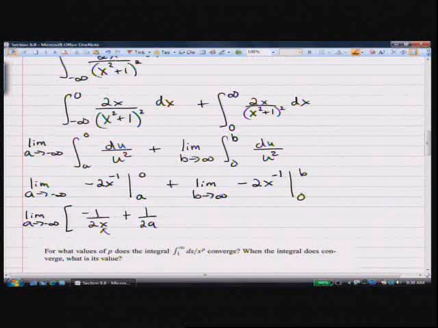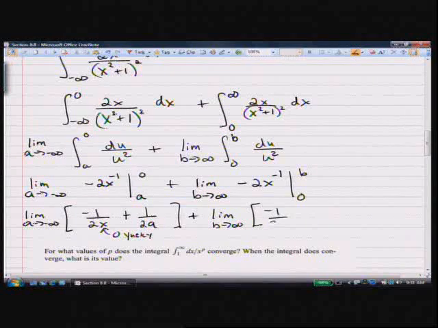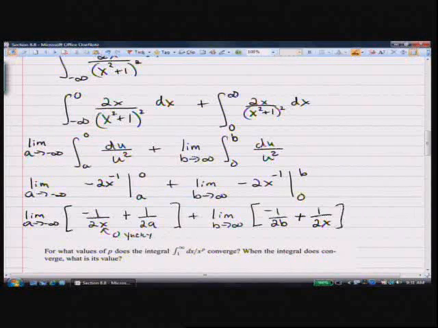And when I plug 0 in here, I get yucky. And then the same problem here. I'll get negative 1 over 2b, minus, so it'll be plus 1 over 2x. And I wonder if we can... It's a break in the graph.